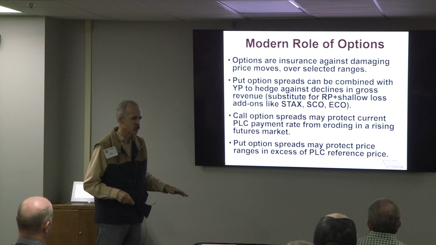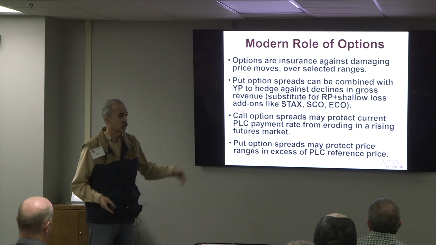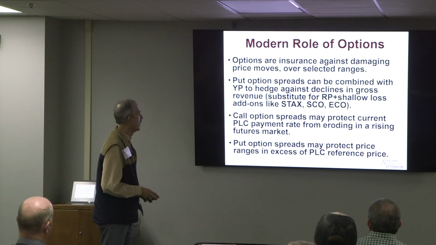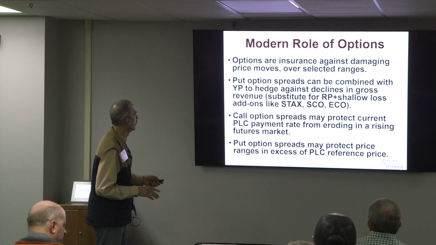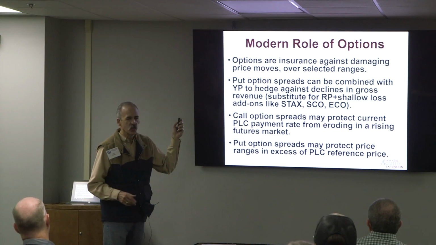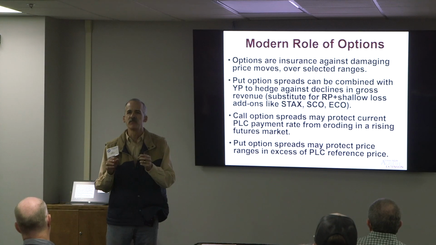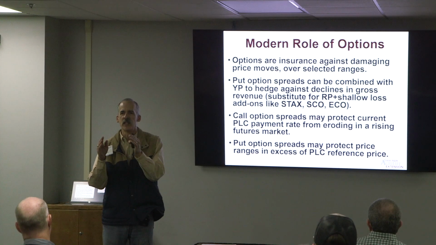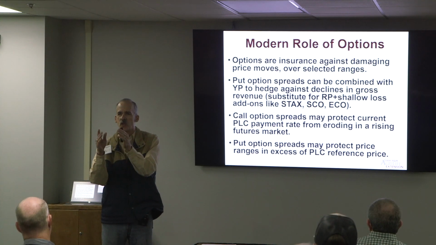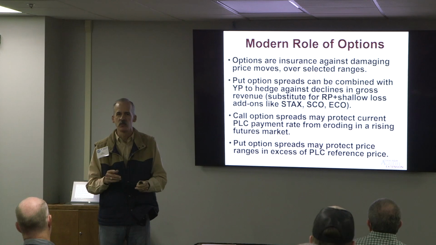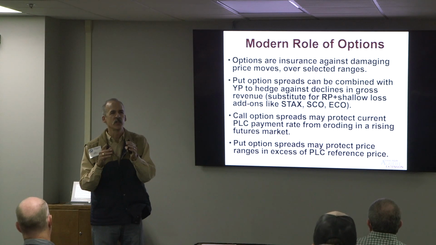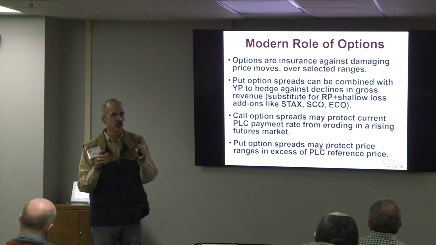Think of it as price insurance. You pay a premium up front. You may or may not collect on the insurance, just like any other insurance product. That's how I want you to think about options. And the good thing about them, the beneficial, useful thing about them is that they are flexible and they let you insure a specified range of prices, a specified range that you might be exposed to price risk.